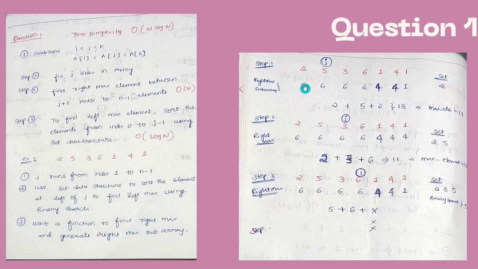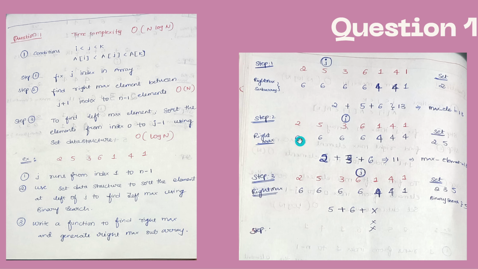The leftmost element is 2, push the 2 to the set. By sorting it, it will remain as 2 only. Apply binary search, 2 only is the answer. So 2 plus j value 5 plus right max element 6 is equal to 13. So the maximum element is 13.